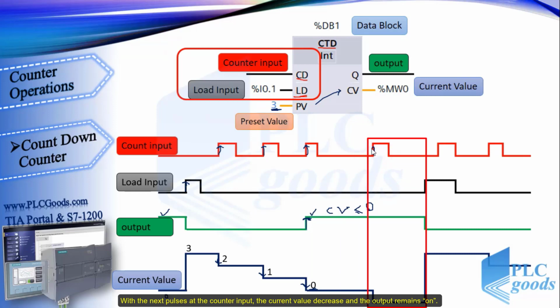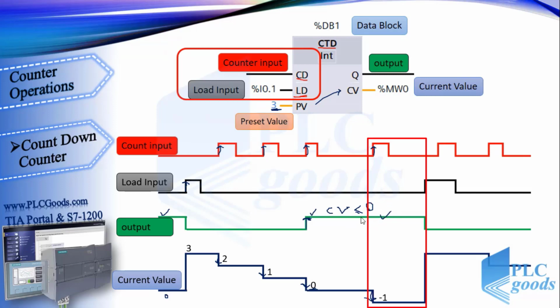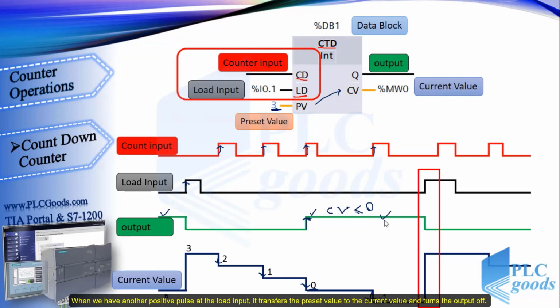With the next pulses at the counter input, the current value decreases and the output remains on. When we have another positive pulse at the load input, it transfers the preset value to the current value and turns the output off.